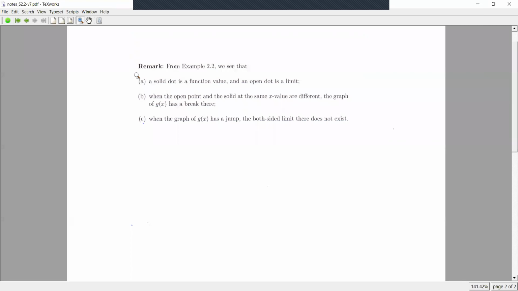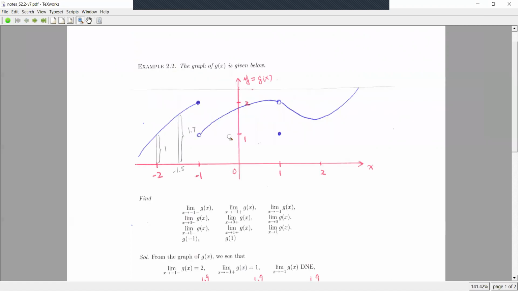Here is a remark about this example. From this example, we can see that a solid point is a function value and an open point is a limit. Go back to the graph of the function. Solid point here. Its height is function value at 1.